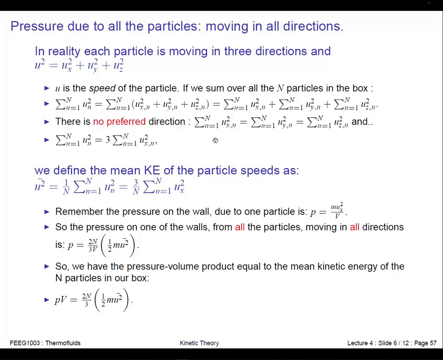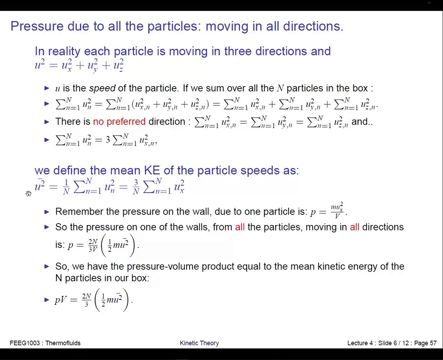So this means that when we write the sum of the actual speed of the particles, we can say, well, that's just 3 times the sum of all of the squares of any one of the velocity components. Okay.